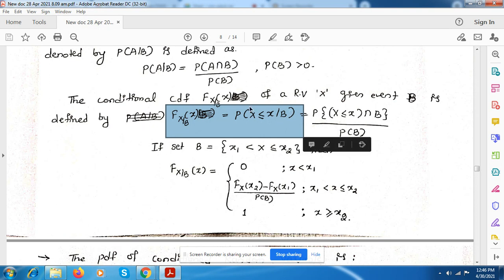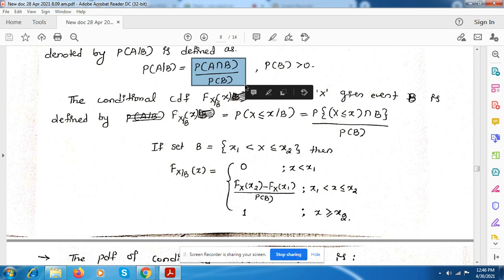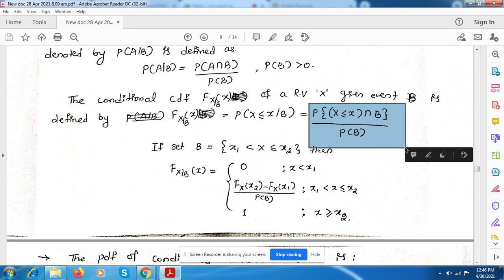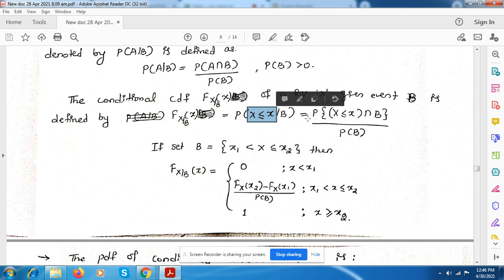Here this probability of A intersection B divided by B. Using this equation, probability of X less than or equal to x, we take it as the A value.